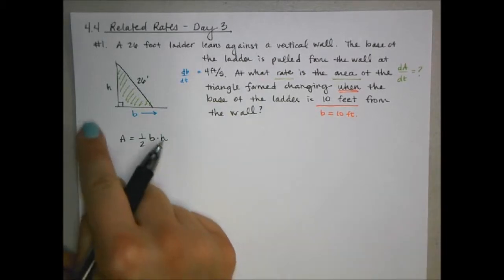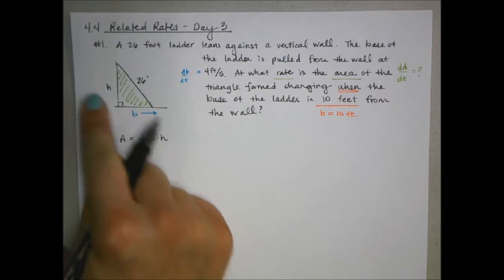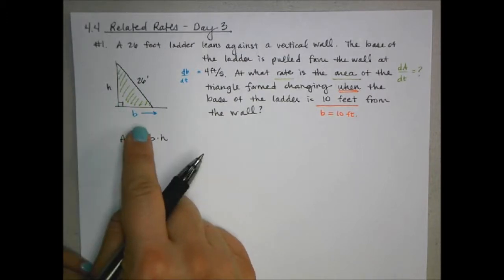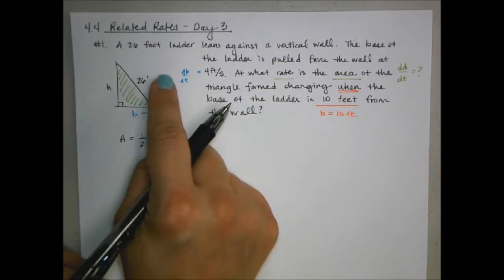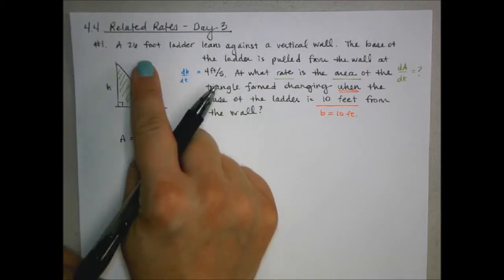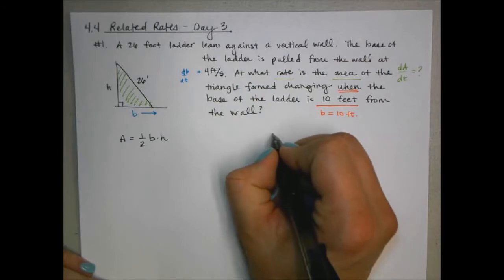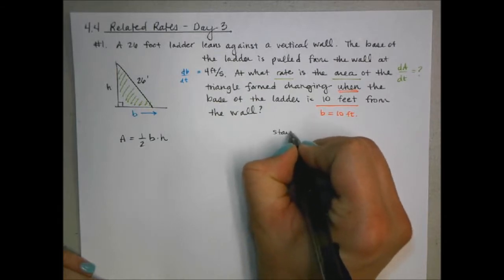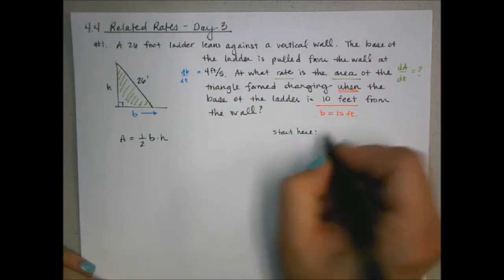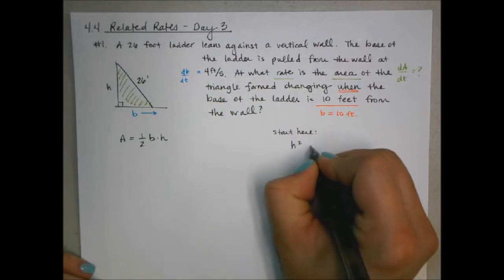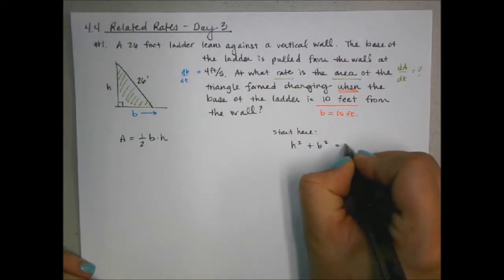So we do need some formula that relates the height and the base to the other side, which is the Pythagorean theorem. So over here on the side, we actually have to start here first. h squared plus b squared is equal to 26 squared.